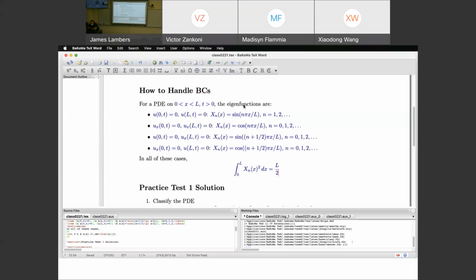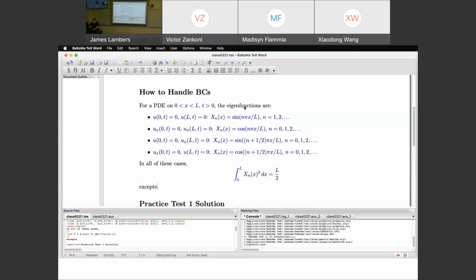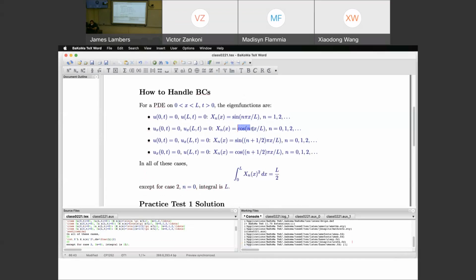Let's see, there's one exception. The second case, for n equals 0, the integral just turns out to be L. And the reason for that is, when n equals 0, your function is just 1. But for all other cases, it's a sine or a cosine.